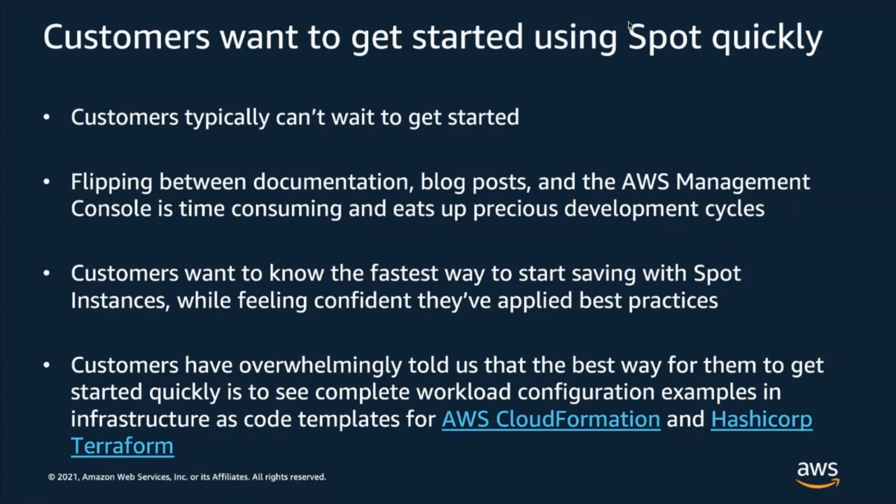And the overwhelming response was, hey, if we could see workload templates or configuration templates that are presented as infrastructure as code in either AWS CloudFormation or HashiCorp Terraform, that would be the best way to get started, because this gives me the code, this gives me what I need, as a good example. I can learn from it, I can dissect it, and this is the way that would jumpstart me the quickest.